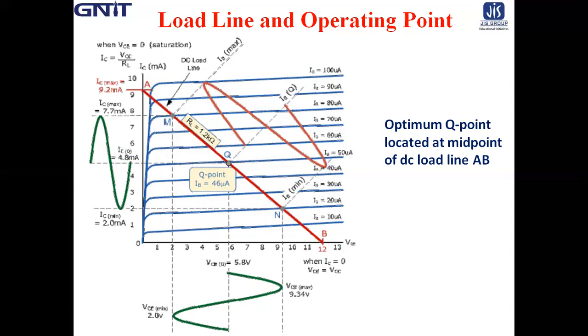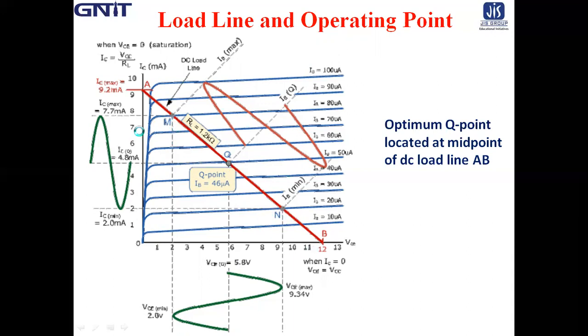The intersecting point of the load line and the output collector characteristics curve is known as the Q point or operating point.